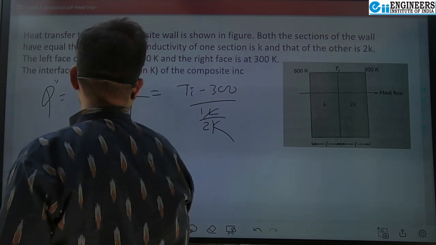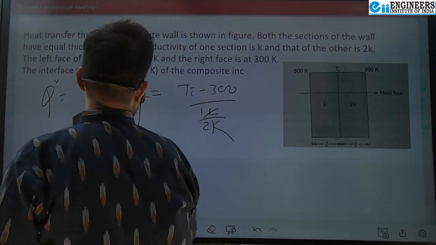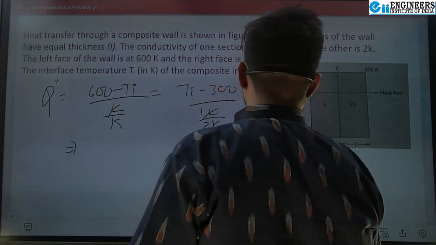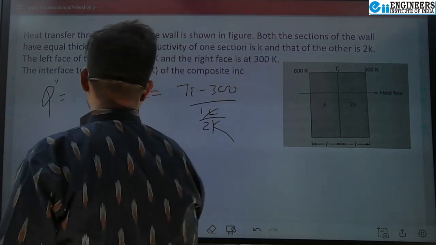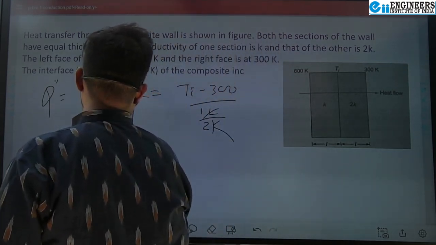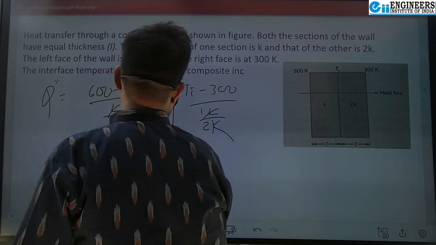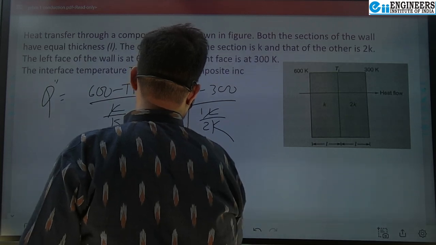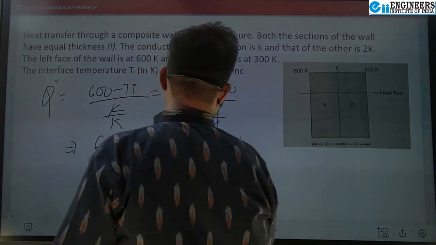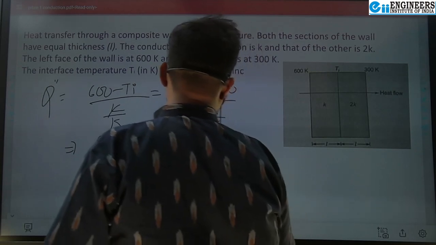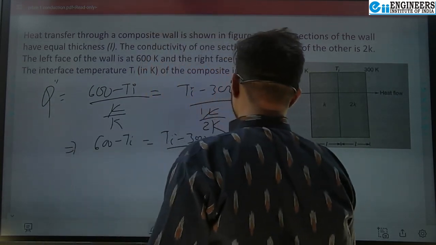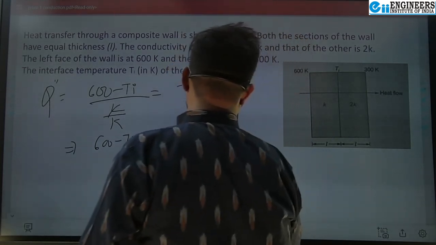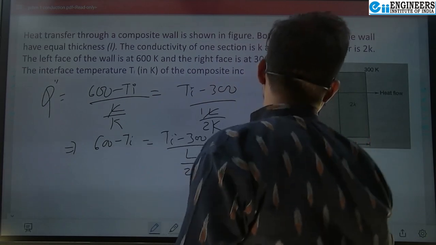So what can I write over here? This L by K and L by 2K. So 600 minus Ti is equal to (Ti minus 300) divided by L by 2K into L by K.